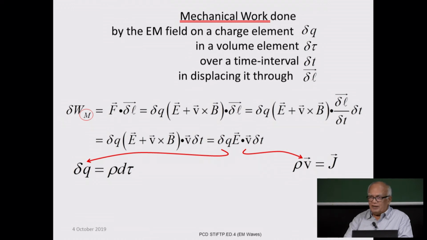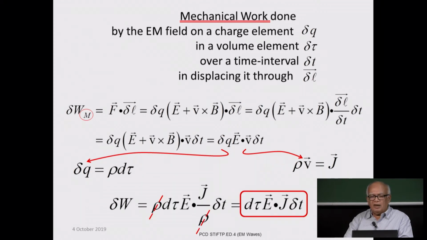Rho V is equal to J. So, delta Q has got rho in the numerator, V has got rho in the denominator because V is equal to J over rho, right, and the two rho's cancel, and delta W is equal to delta tau E dot J delta T. Don't forget the delta T on the right hand side, because if you divide both sides by delta T and then take the limit delta T going to 0, you get the rate at which work is done, dW by dT.